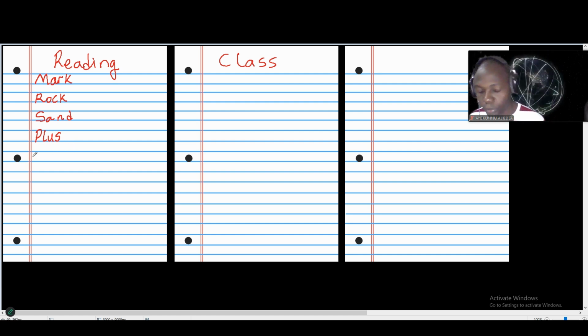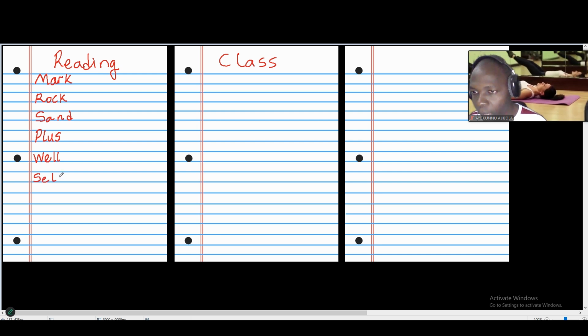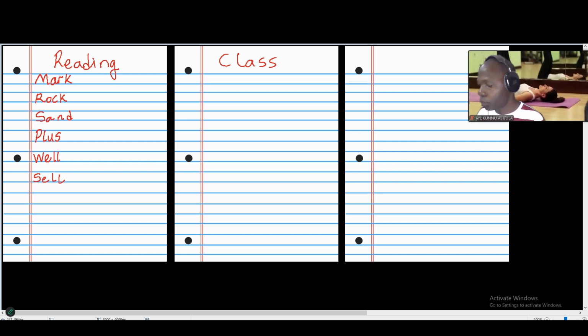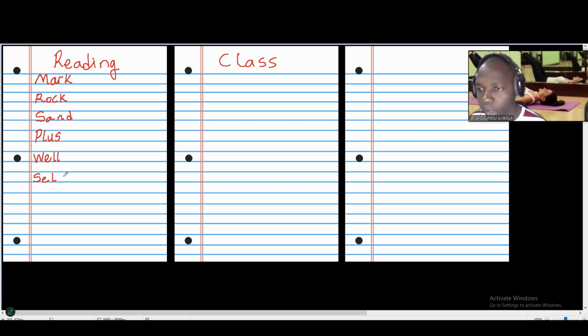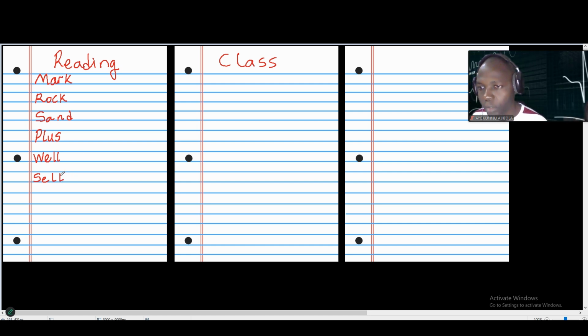Then the next one I want to write is well. Like you say, I'm feeling well. Then the next word on the right is cell. When you put W-E-L-L as well, when you put S instead of W, that becomes cell.